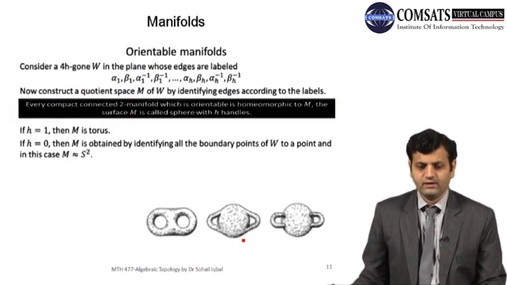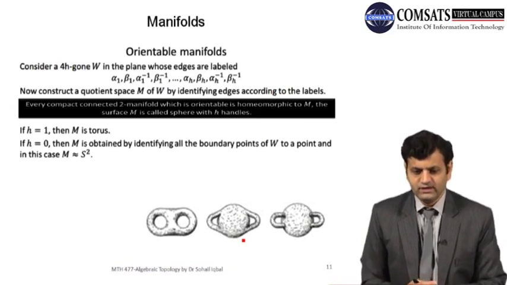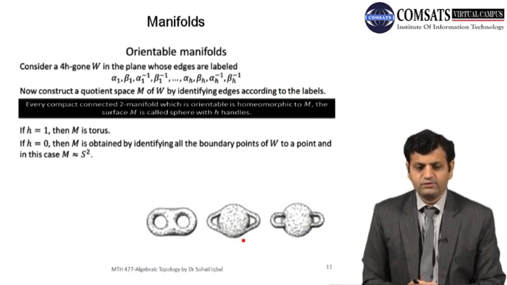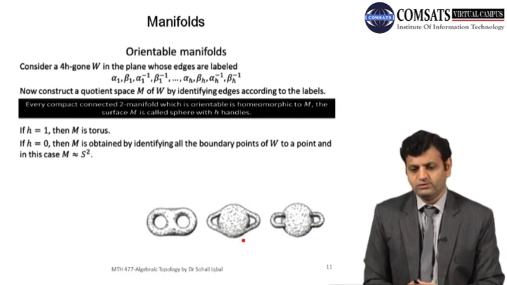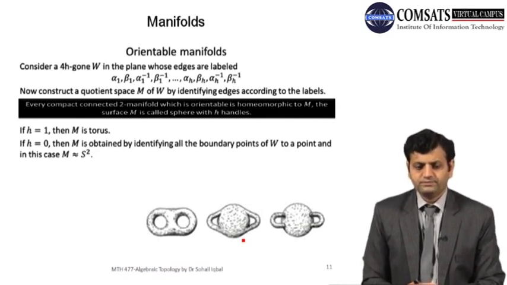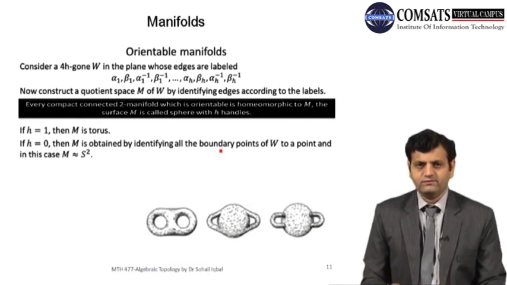So in general we have this result about orientable manifolds. Consider a 4g-gon, a polygon with 4g sides, W in the plane whose edges are labeled as alpha 1, beta 1, alpha 1 inverse, beta 1 inverse, and so on. Now identify the sides of this polygon; in other words we are saying take the quotient of this topology under some equivalence relation.